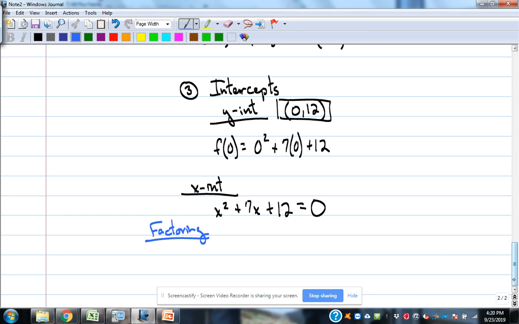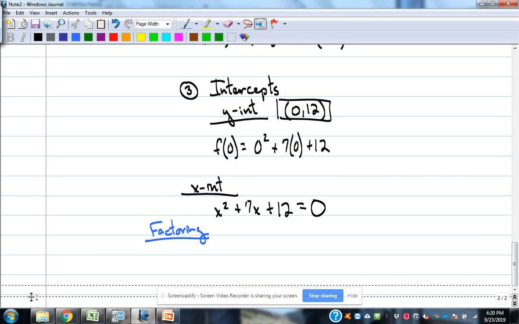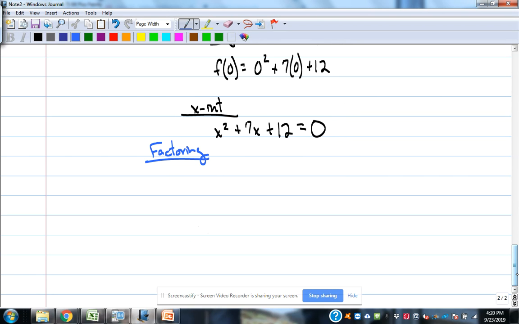If I'm using factoring, I call it the X method for factoring, but it's just a way of organizing your thoughts. If it's in standard form, the way the X method works is you take A times C to start off with. A in this case is 1 and C is 12, so we take 1 times 12.